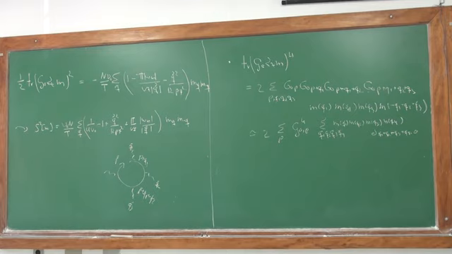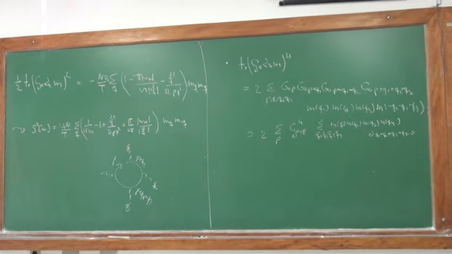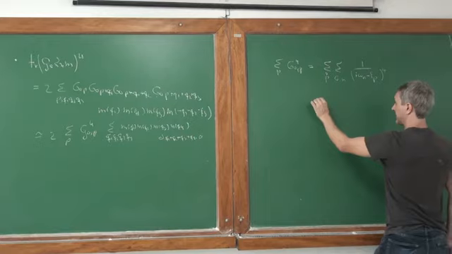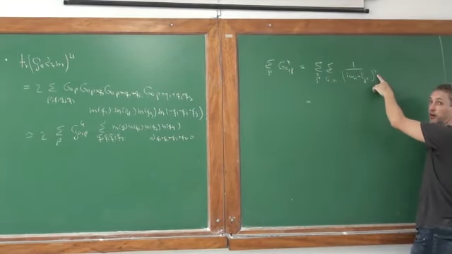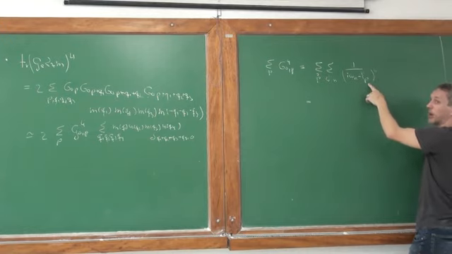Okay? This is just inserting what we have. Now, this I can just write as acting 3 times with a derivative on one such a term, no?